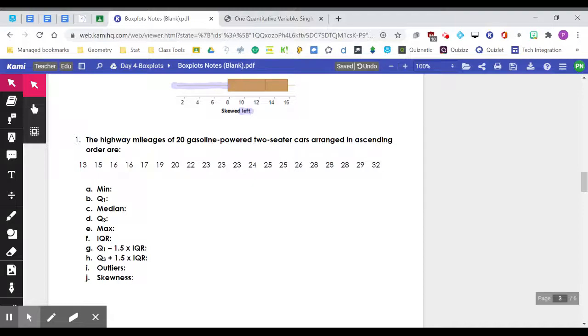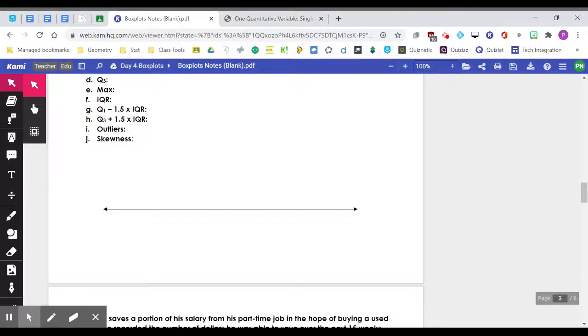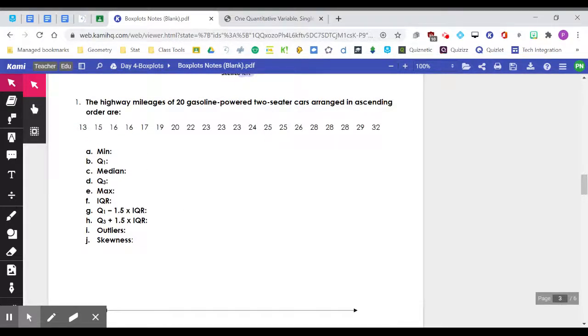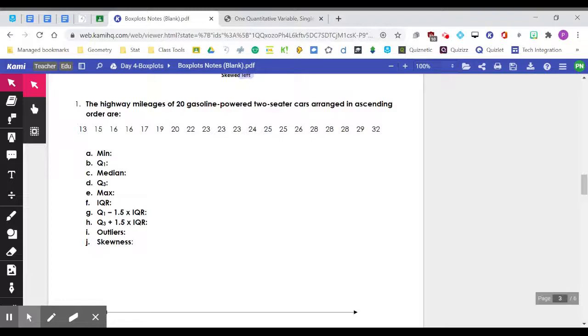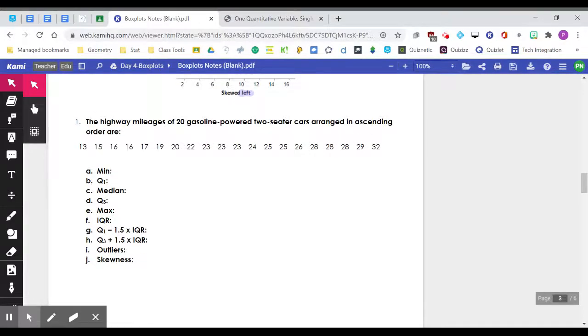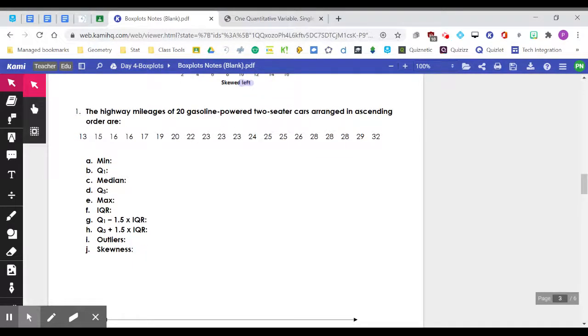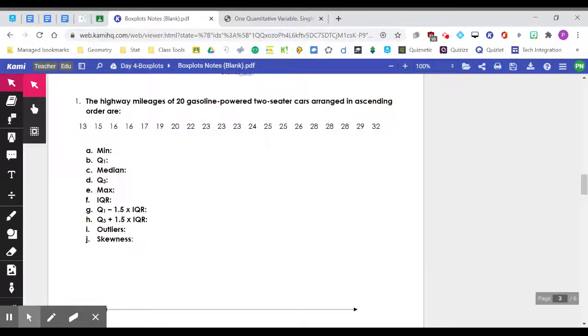So put all of these sets of data within Statplet, figure out what the 5-number summary is, so you can snip the graph of it and replace it here along with the 5-number summary, and then try figuring out if there are any sort of outliers and if the data is skewed at all. And then after you finish it, then you can move on and check your work.